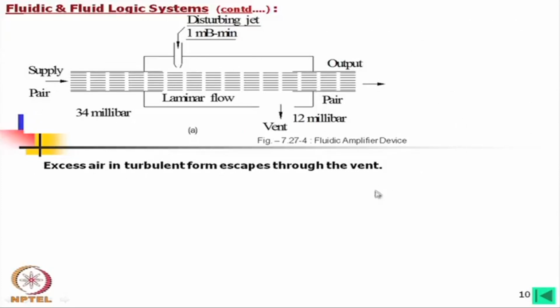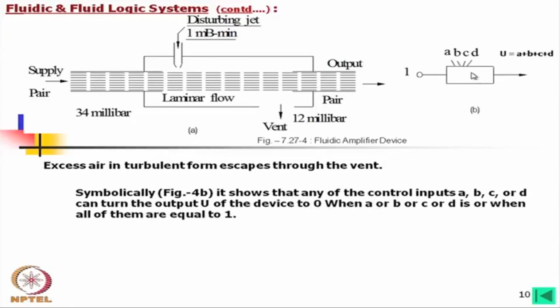Again, I have shown this, and the symbol for multiple input is like that. This symbol is used for this device. Symbolically, it shows that any of the control inputs A, B, C or D can turn the output U of the device to 0 when A or B or C or D is 1, or when all of them are equal to 1.